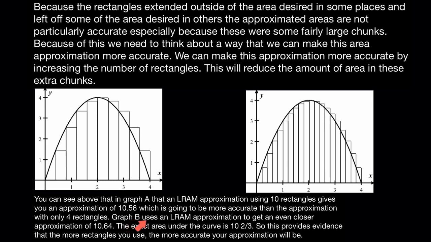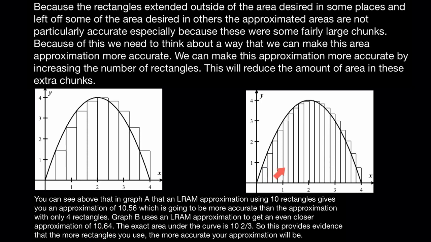Graph B even uses more rectangles, and you're going to get an even closer approximation of 10.64 because we have increased the number of rectangles here. The exact area under the curve is actually 10 2/3, which gives you a pretty good approximation.